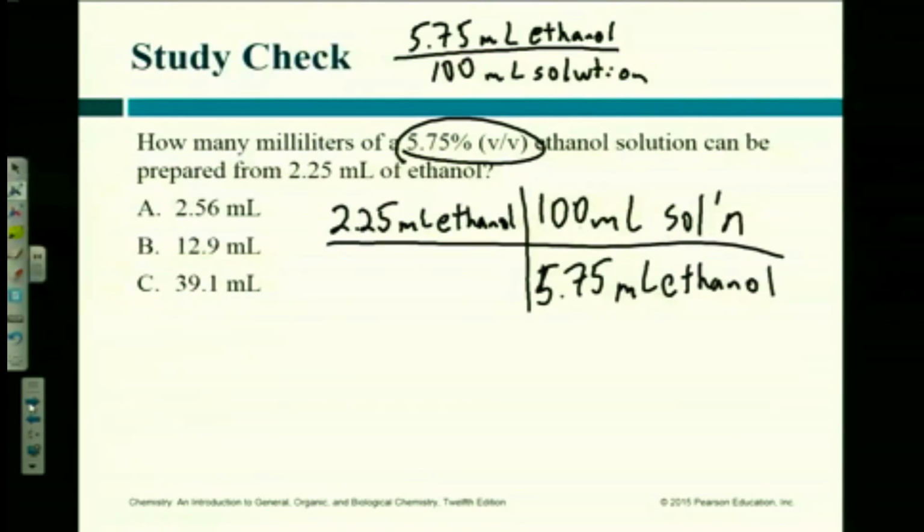And the question asks, how many milliliters of solution can you make? What's the answer?